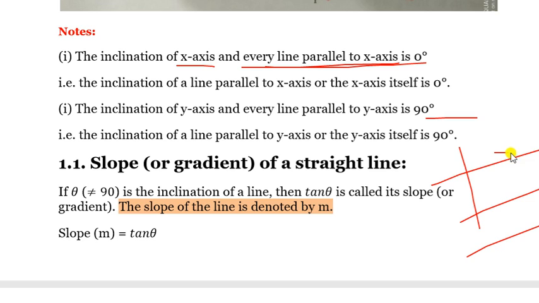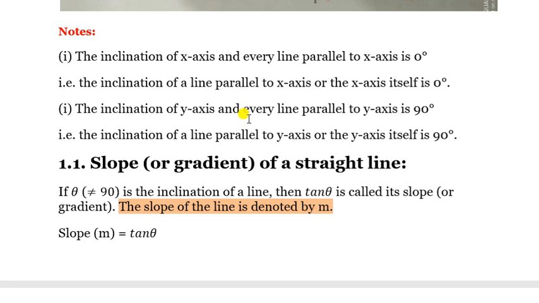It is not going to intersect or touch x-axis, so the angle of inclination will be 0 degree. Is it clear?